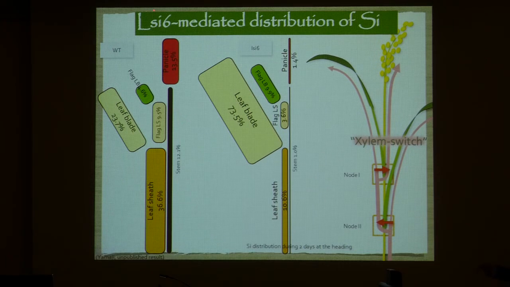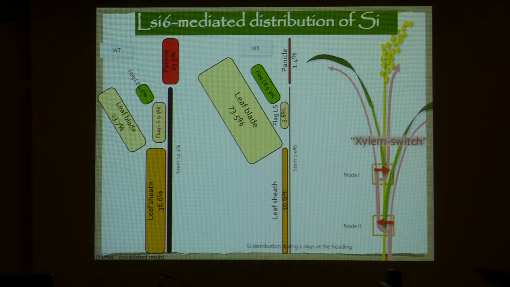As you can see here, in the wild type, about 14% of total silicon was distributed to the panicles. By contrast, in the mutant only 1.4% of silicon was distributed to the panicle.